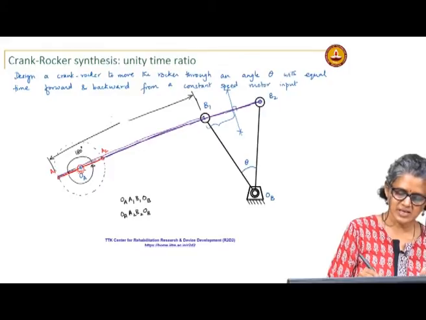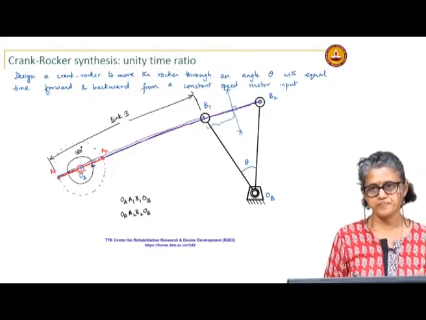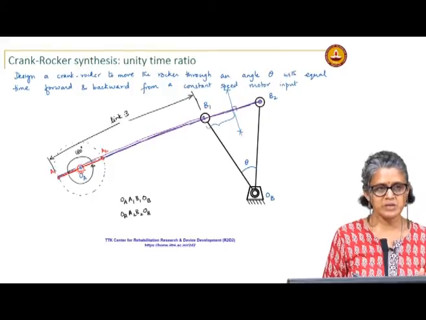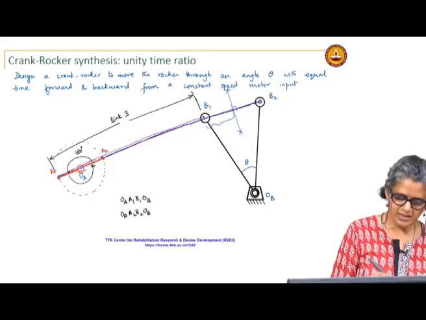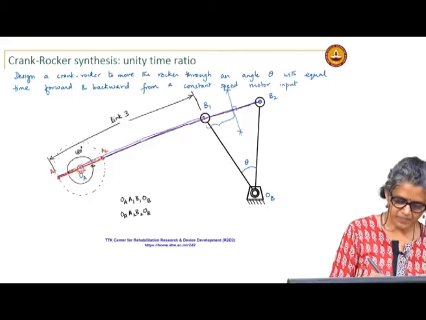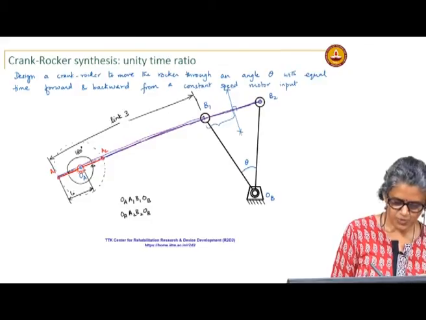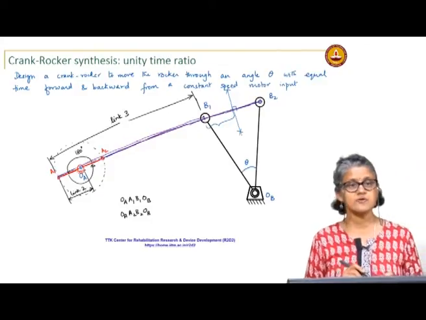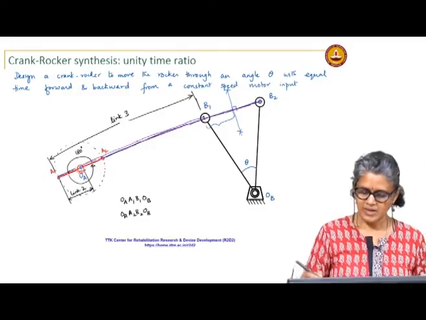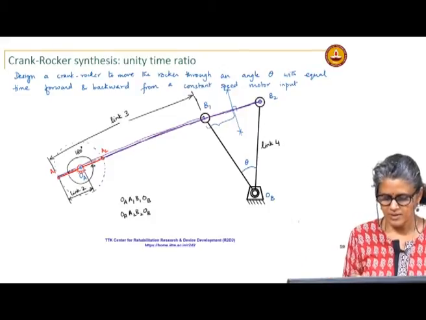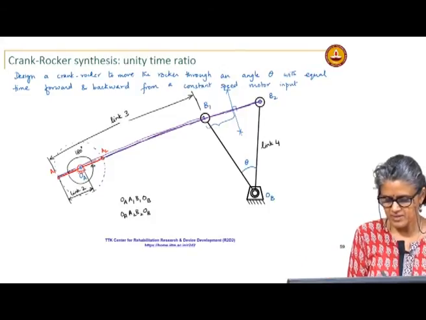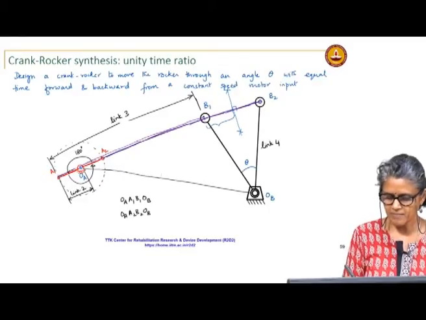Okay. So this is link 3. A1 B1 is this is link 3, this is link 2, that is the length of the crank, and then this is link 4, and link 1 will be the distance between OA and OB.